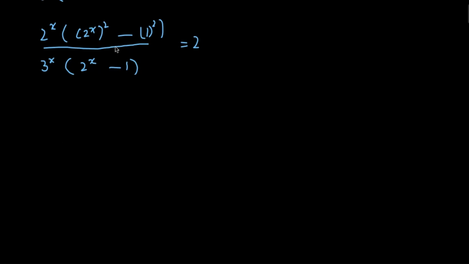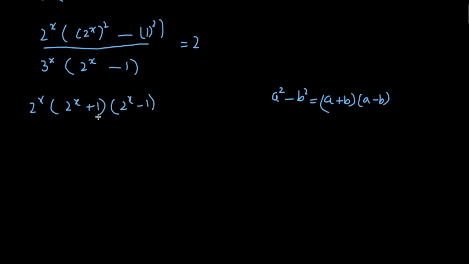Now you can factorize the left side of this equation, 2 power x square minus 1. We use the identity a square minus b square equals a plus b into a minus b, where 2 power x is considered as a. Now we can write it as 2 power x plus 1 into 2 power x minus 1, divided by 3 power x into 2 power x minus 1, equal to 2.